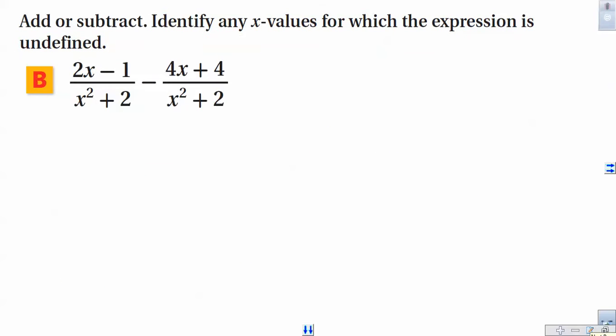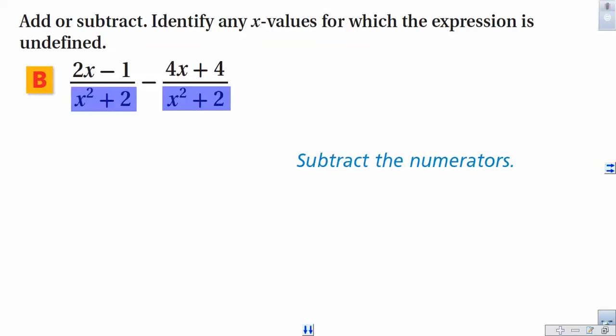Let's see what's the haps with subtraction problems like this. The first thing you should notice, once again, is that we have a common denominator. So we can write this as one fraction and subtract the numerators. Now notice what's different about this one.